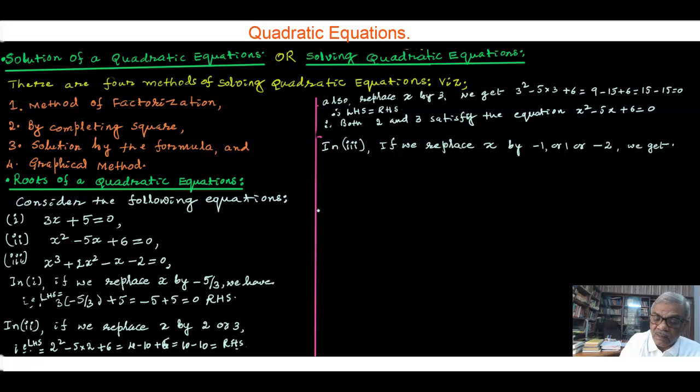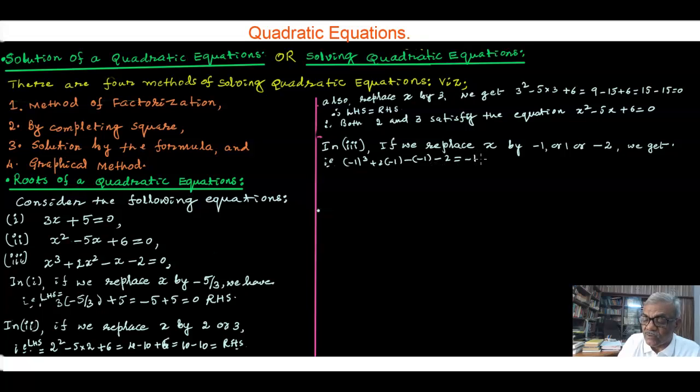And now in 3, if you replace x by minus 1, we get minus 1 raised to 3 plus 2 into minus 1 squared, minus of minus 1, minus 2. Minus 1 raised to 3 is equal to minus 1.